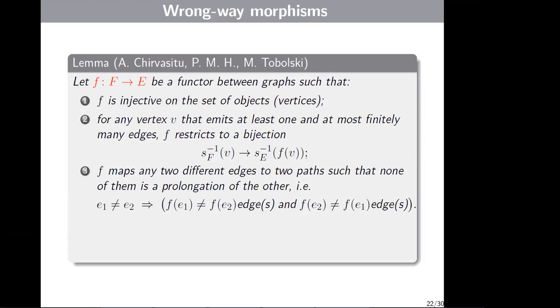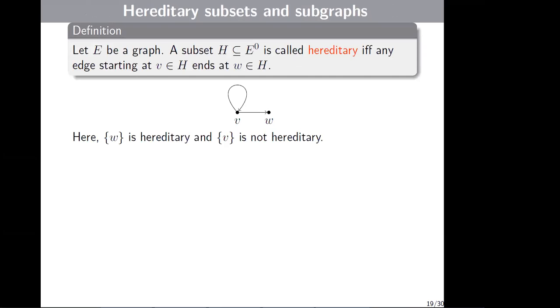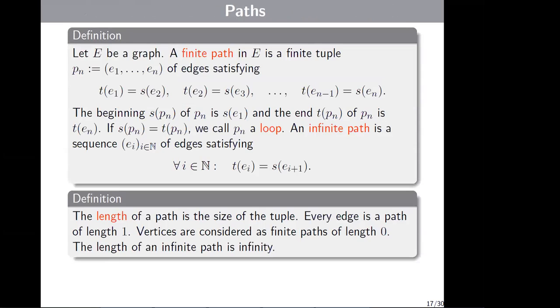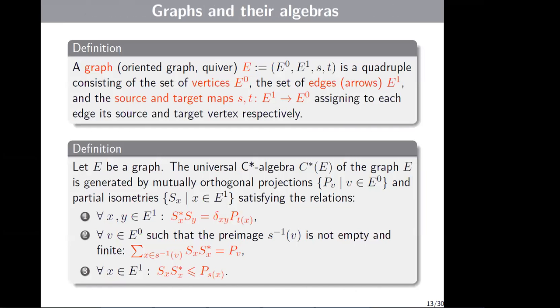Could you have some difference at the beginning? Yeah, you could do it, but this wouldn't work for us, because remember that the Cuntz-Krieger relations are not symmetric with respect to taking sources or targets. If you go back again to this graph C-star algebra definition, look, this is very, very important. This is not symmetric.